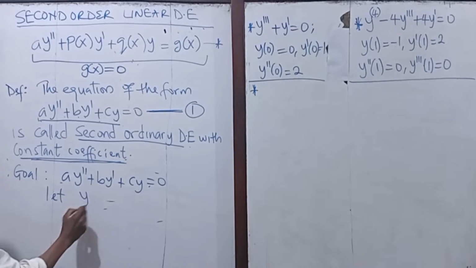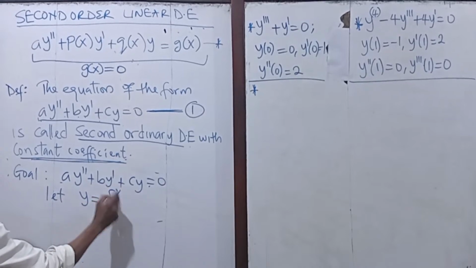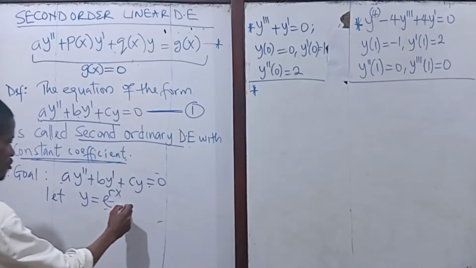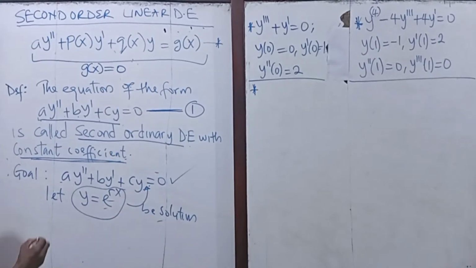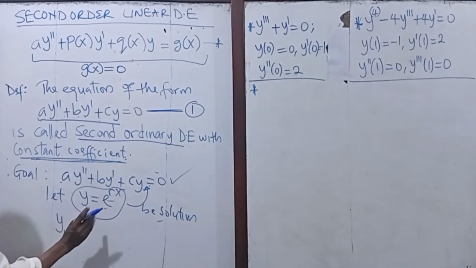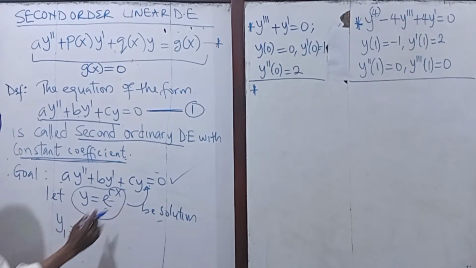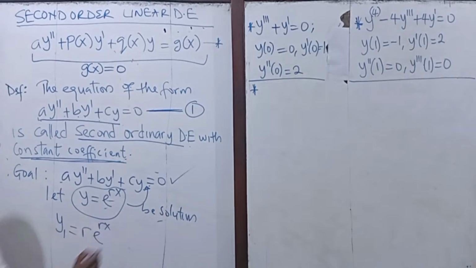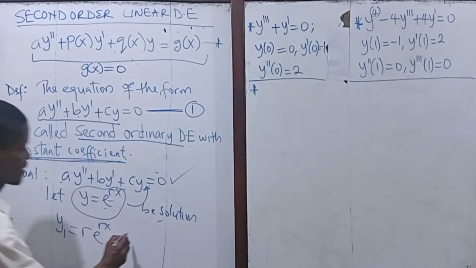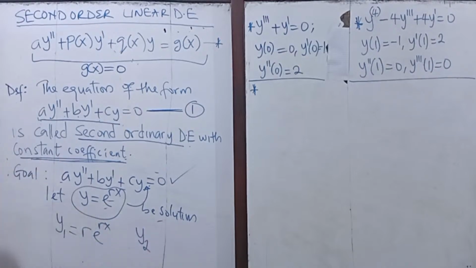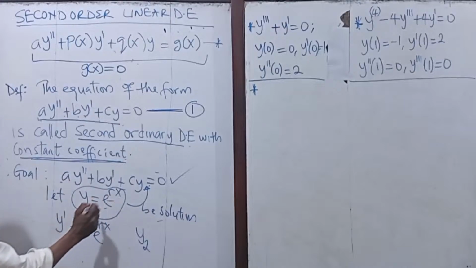Let y be the solution to this equation. We need to get the first differential of this solution. If you differentiate this, it gives y prime, the first differential of y with respect to x.